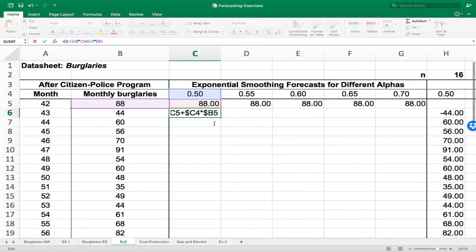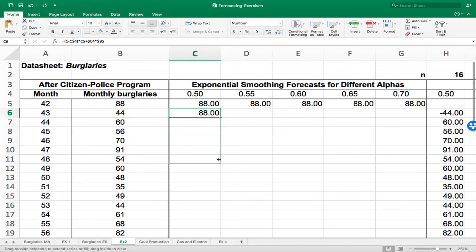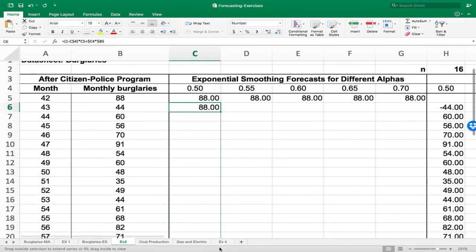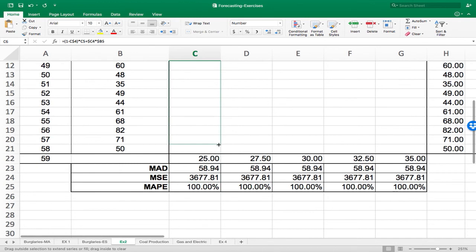The dollar sign in front of this cell number means B5 is going to be fixed when you drag this cell from this dot at the bottom right corner, from left or right. Okay, so let's try this one this time. Let's grab this and go all the way down. Let's see what happens.